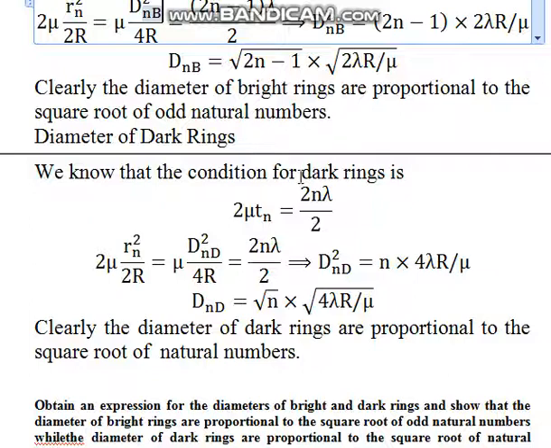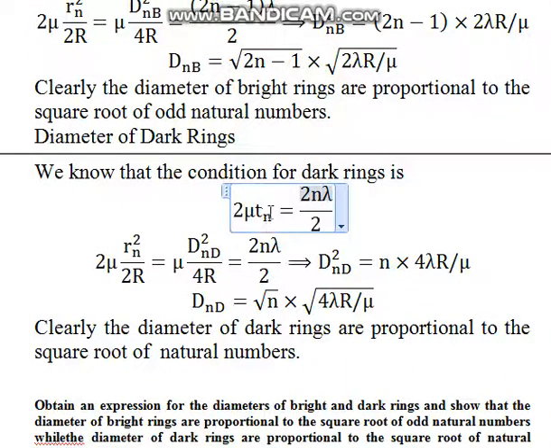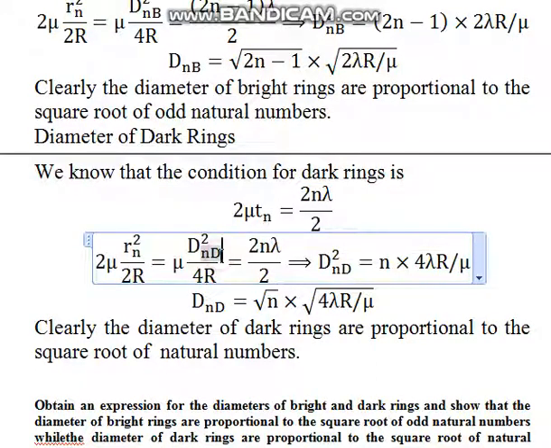Lambda upon 2 on both sides cancels out, and finally you can achieve this expression. Now put in the value of Tn from the above equation and solve it for the diameter. Here dn is the diameter of the nth dark ring, the d in the suffix refers to dark.